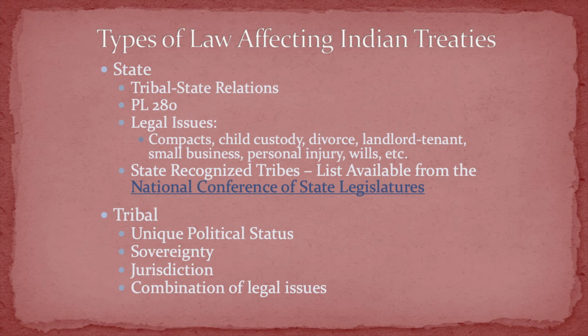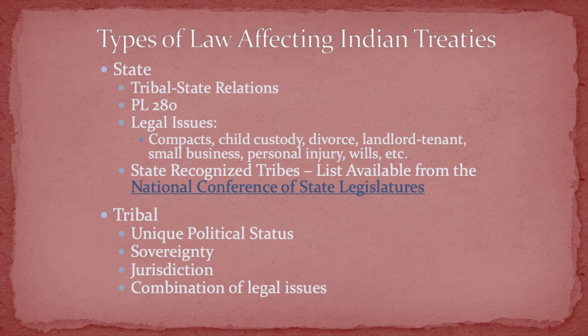How do you address the things that happen when people live in any area? There are other legal issues that affect Indian tribes and even their treaties. Landlord-tenant disputes that can happen on and off reservations. Small business, personal injury. There are all kinds of things that can happen.